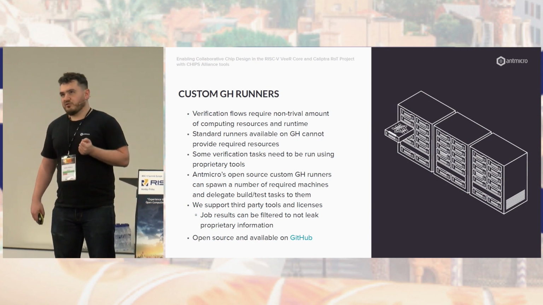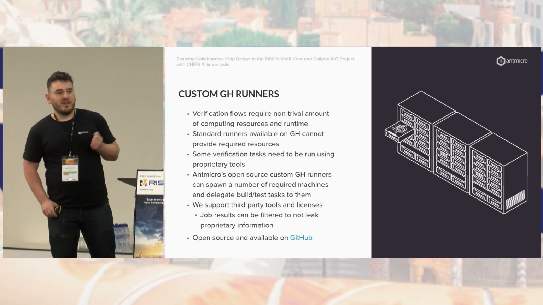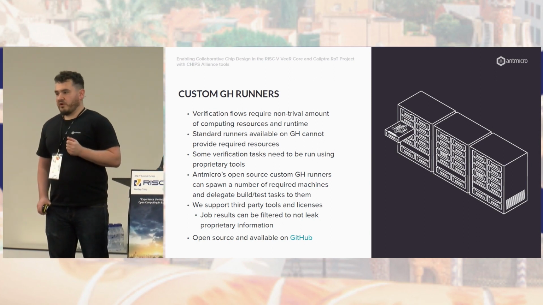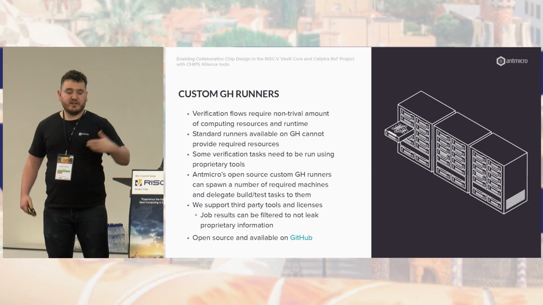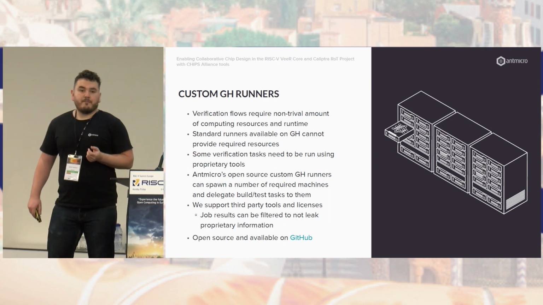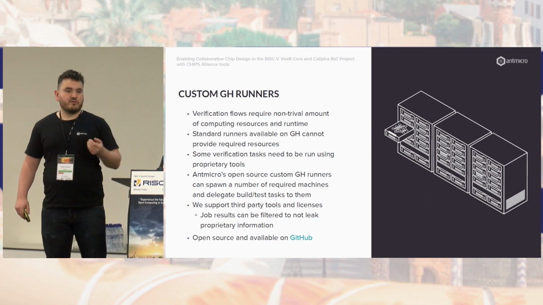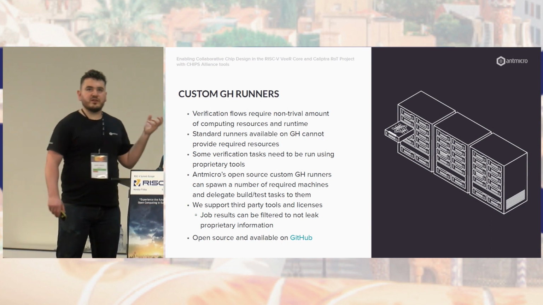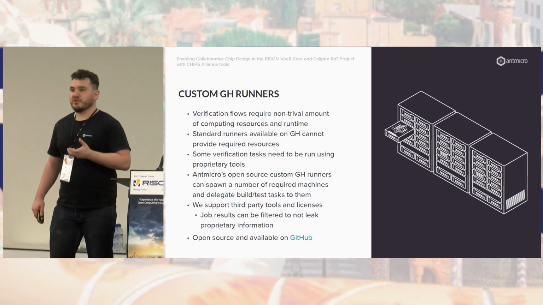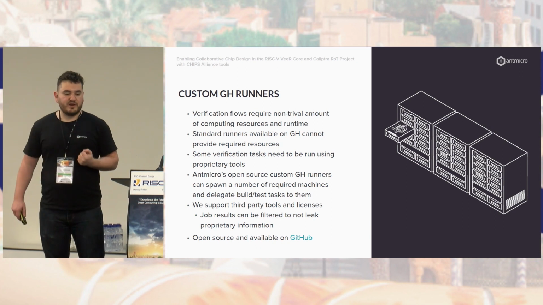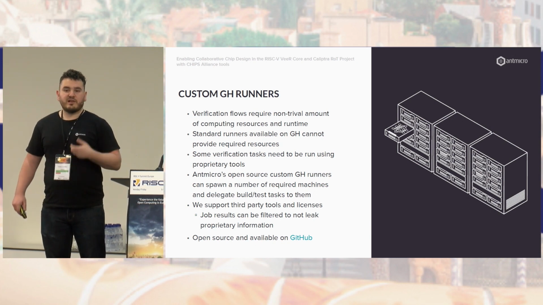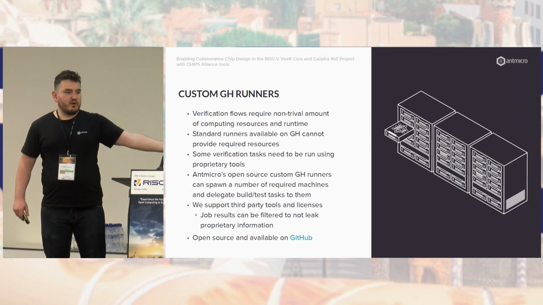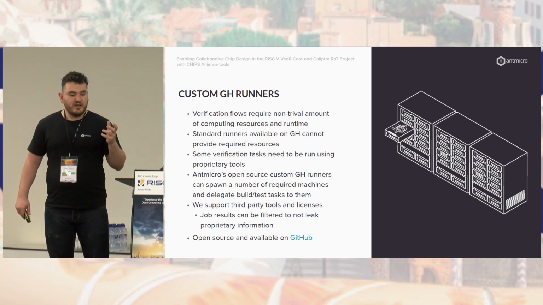However, those computers are not really powerful, and sometimes the verification flows require a lot of computing resources, a lot of memory, and can be long. Also, as I mentioned before, not always can you use open source tooling only. Sometimes you have to fall back to proprietary tools, and proprietary tools require licenses and so on. It's not that easy to run them in public CIs.